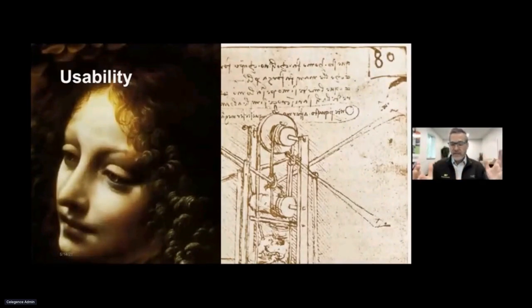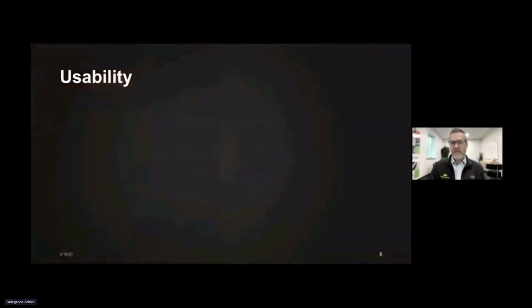And I love to show this example of Leonardo da Vinci because there's nobody better than him to demonstrate what an artist and a technician can be. This is some of his art, which is phenomenal, and then he's got so many mechanical, technical things that he dealt with. It's perfect right brain, left brain working together, and that's really the holistic world that usability thinking lives in.